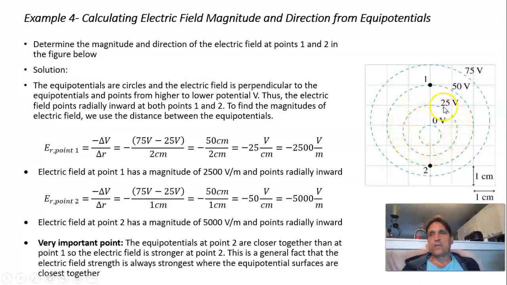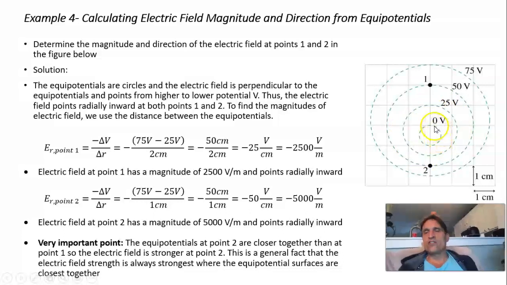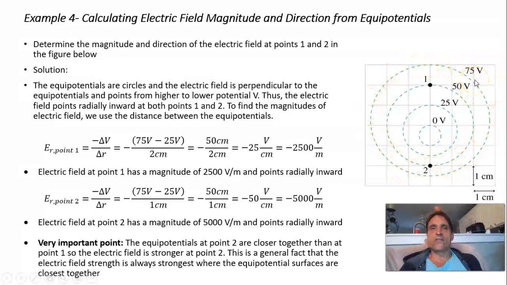For example, all of the points on this circle have a voltage of 25 volts. All of the points along this circle, another equipotential, have a voltage of 0. All of the points along this circle have V equals 50 volts, and all of the points along this circle have V equals 75 volts.